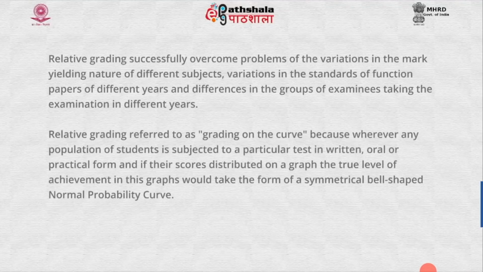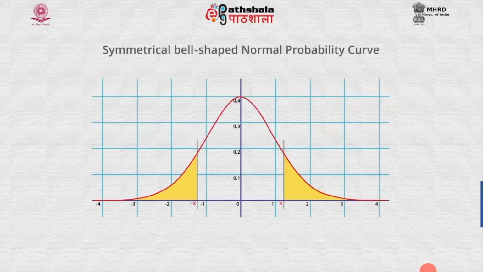Relative grading is referred to as grading on the curve because whenever any population of students is subjected to a particular test, in written, oral or practical form, their scores distributed on a graph would take the form of a symmetrical bell-shaped normal probability curve.